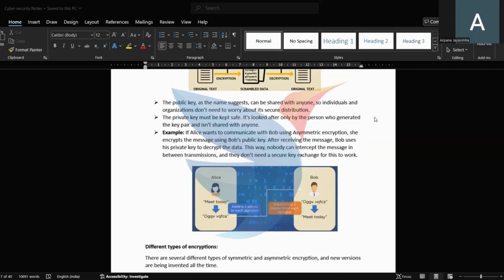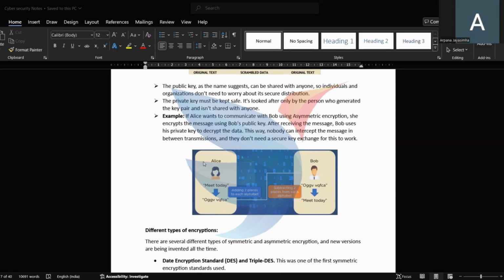For example, if Alice wants to communicate with Bob with asymmetric encryption, she encrypts a message using Bob's public key. After receiving the message, Bob uses his private key to decrypt the data.